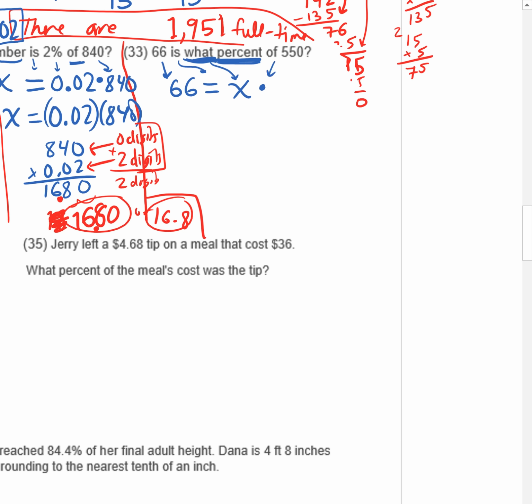The word of is multiply, and then 550 is pretty self-explanatory. So 66 is equal to x times 550, but usually if you're multiplying x by something, that number is usually on the left, so that looks better.